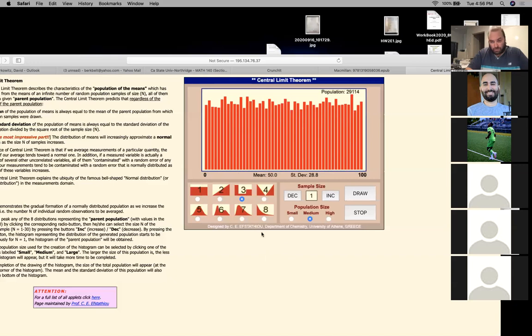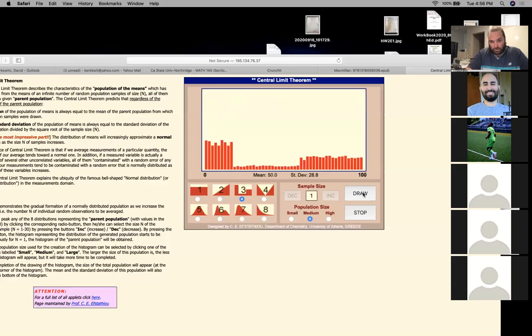Some of them will be on the right, and then the rest will be in the middle. It kind of mirrors the shape, does it not? Lots of them over here, not so many over here, some over here, and then we have columns that kind of back that up.